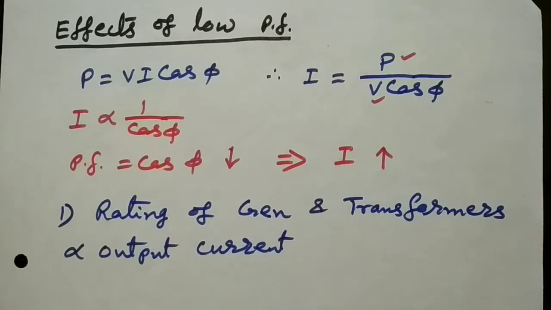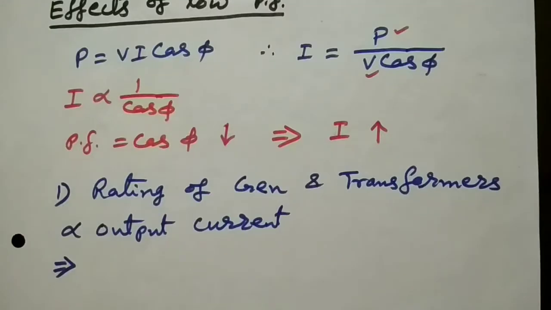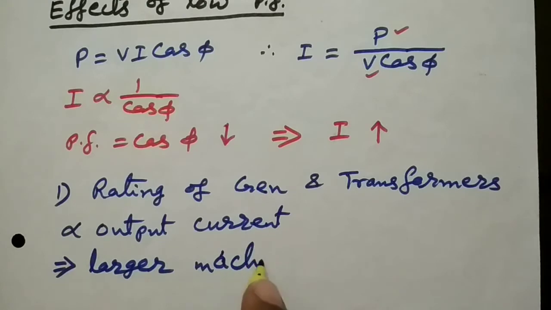That means if the power factor is low, the current will be high, then definitely the rating of the generator and transformer will also be high. Therefore, larger machines are required to deliver the same amount of power.